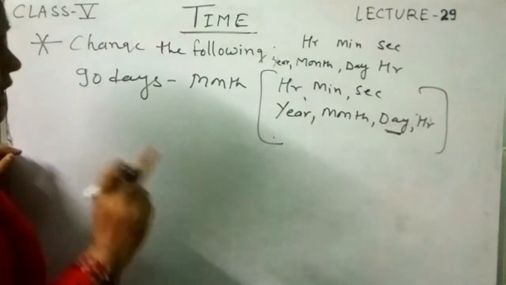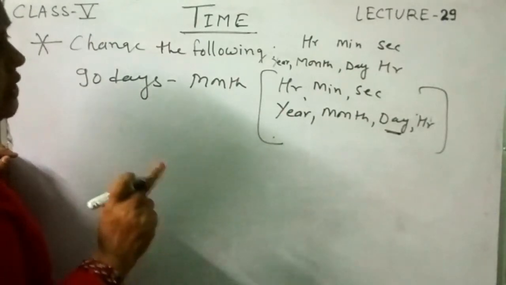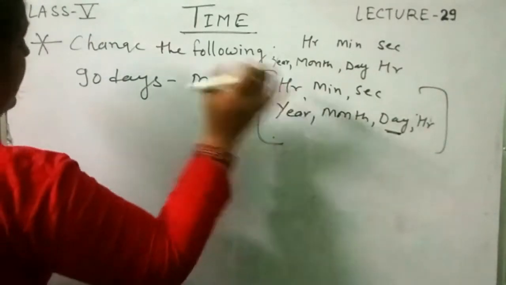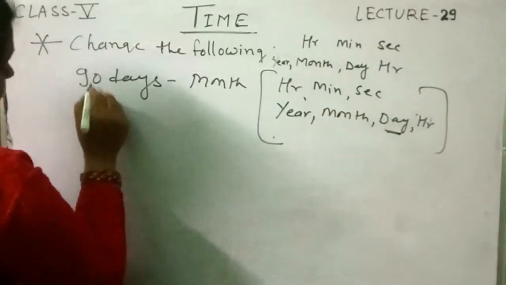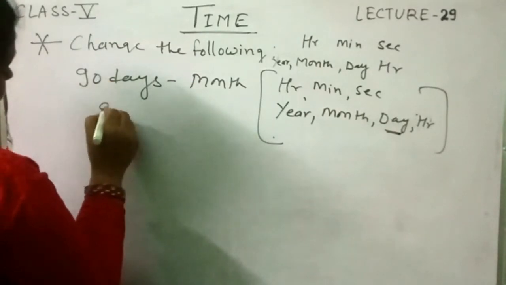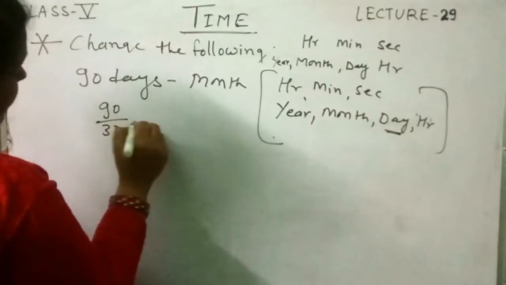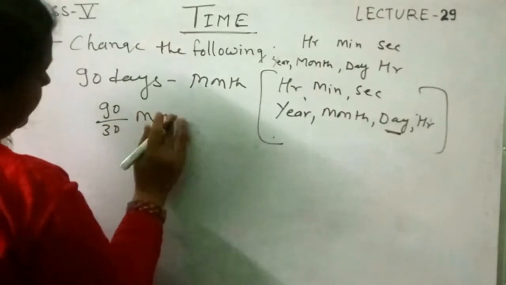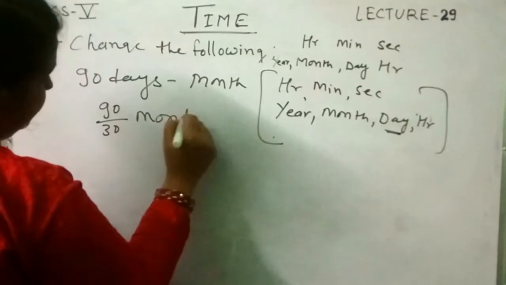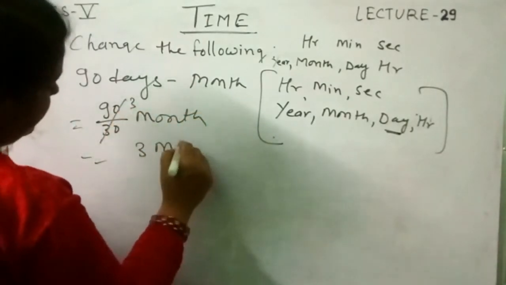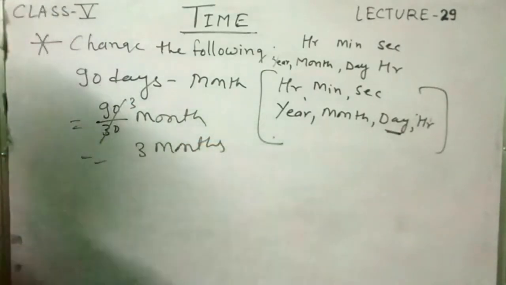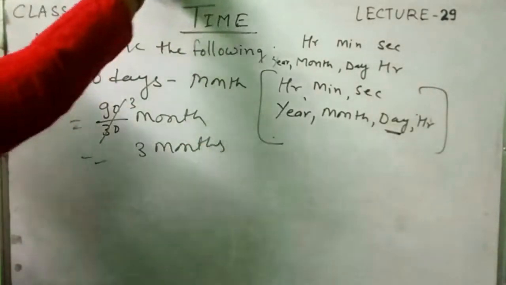You have to divide from lower to higher. And you know 1 month is 30 days. So you divide it by 30. 90 divided by 30, then it will be the month. That is 3 months.